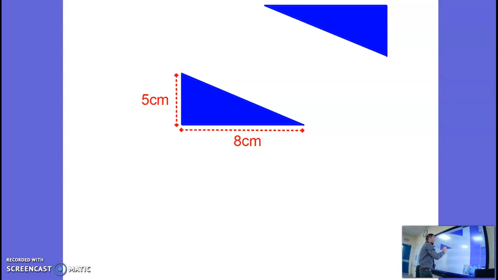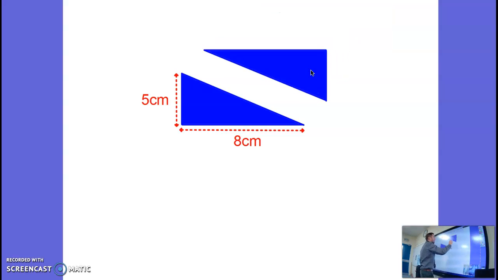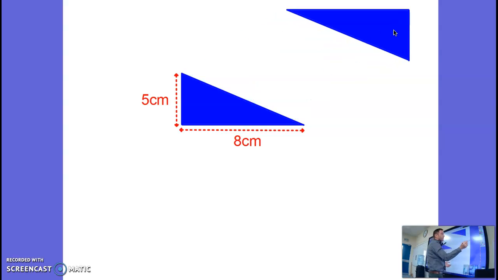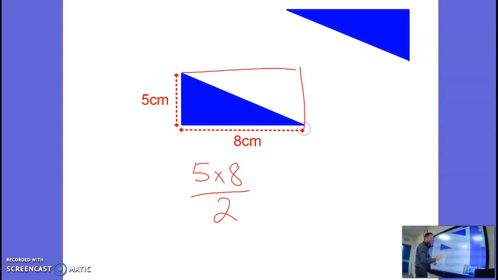So if I imagine that whole thing is 40, well, I've just chopped it in half, haven't I? So what I've got to do is 5 times 8, and then chop it in half, divide it by 2. That's all you do. For a triangle, work out the area, imagine there's a rectangle, work out that, and then divide by 2. Okay? So in this case, 5 times 8 is 40, 40 divided by 2 is 20 centimetres squared.